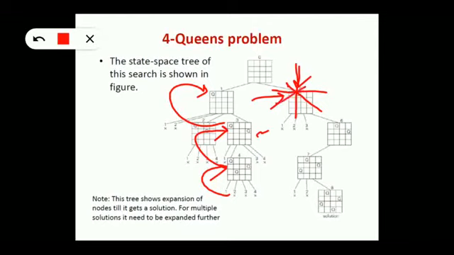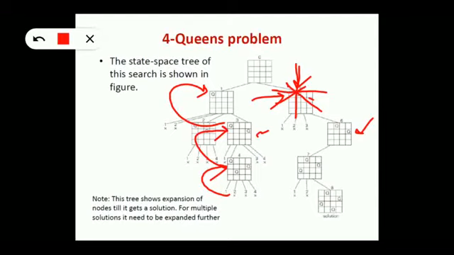So therefore, the next proper position for placing the second queen is at the location second row, fourth column. So once we place queen 2 in this position, we look at the next choice for placing queen 3.